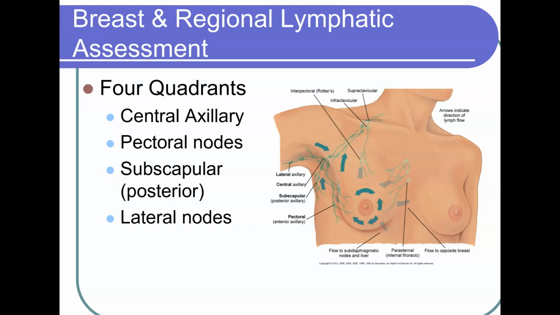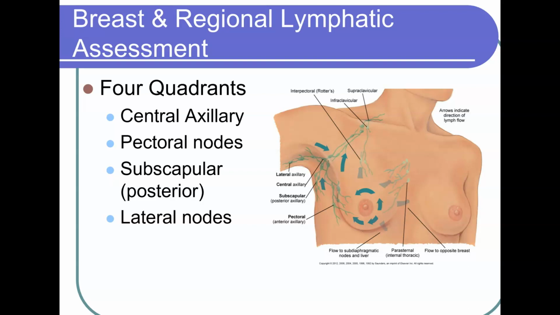You have the pectoral, which is considered the anterior area. Right here, you can see anterior, and along the lateral edge of the pectoralis major muscle, just inside the anterior axillary fold.